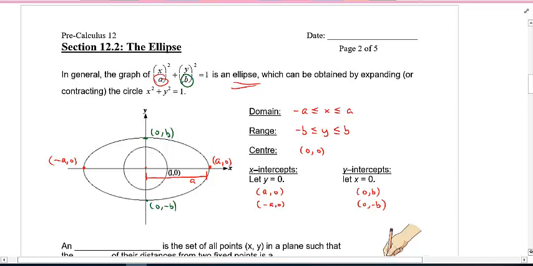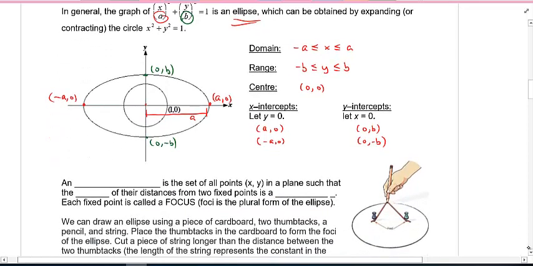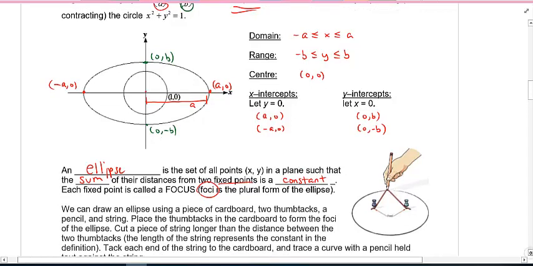Okay? Now if you're curious about what the formal definition of this weird shape, the ellipse, is, it's really this. An ellipse is the set of all points (x, y) in a plane, that's just in a two-dimensional plane, such that the sum of their distances from two fixed points, and these fixed points are called foci, is a constant. So each fixed point is called a focus, and of course foci is the plural.